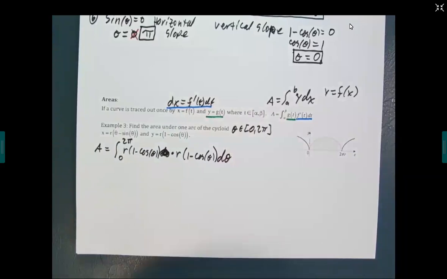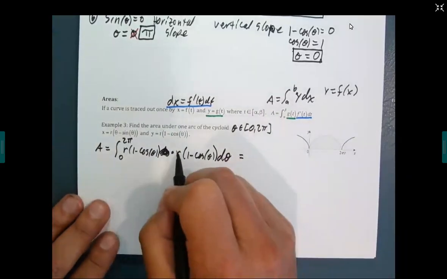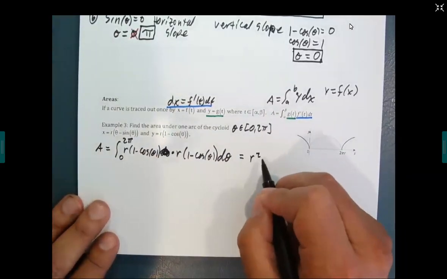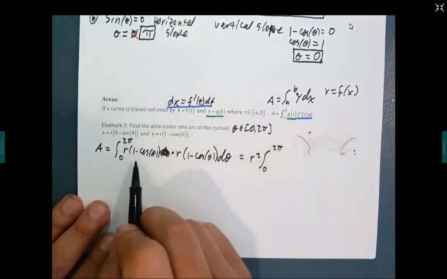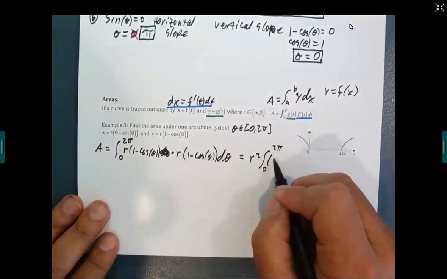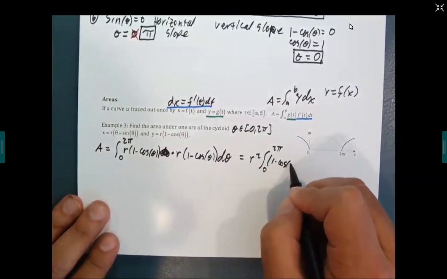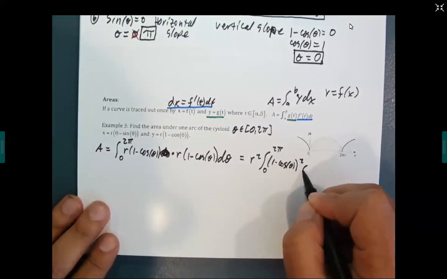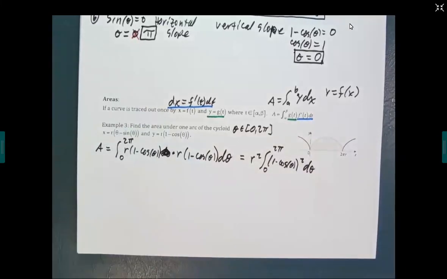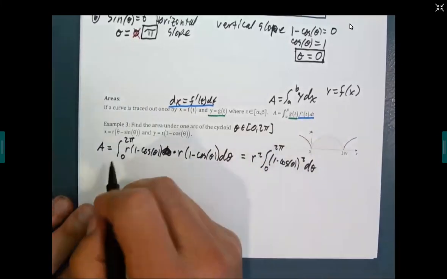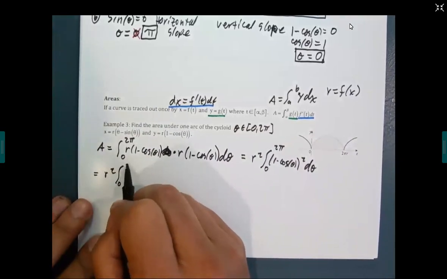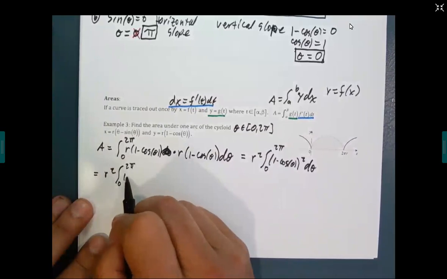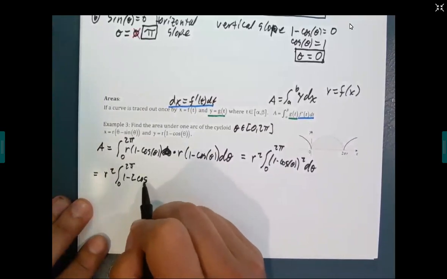All right, so I have r times r, which is a constant. I'm pulling that out in front. And I end up with 1 minus cosine squared d theta. So I'm going to go ahead and FOIL that out. Minus 2 cosine theta.